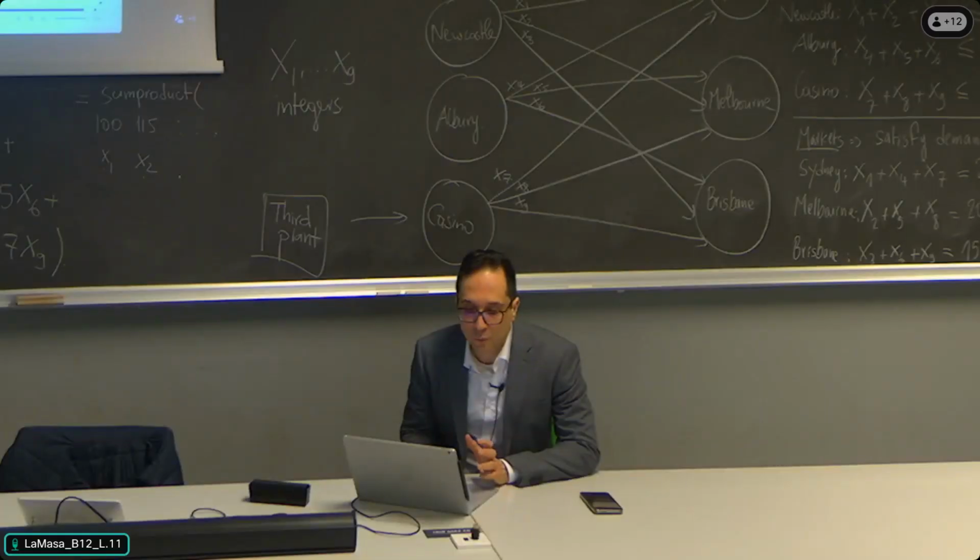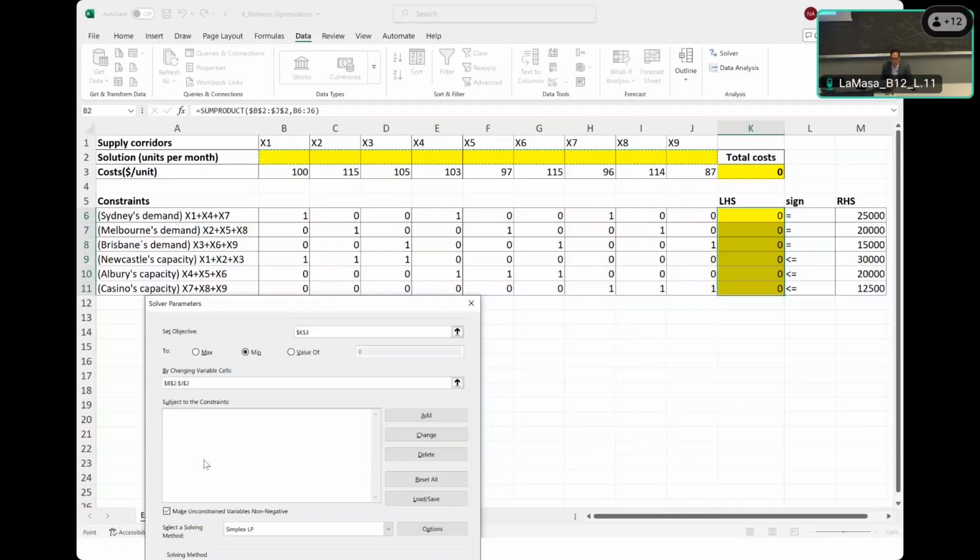The solver will put them automatically when I just click on the cells. And then now, once I have done this, I have to add constraint by constraint, right? So minimize the total cost by changing the cells, and then under the constraints.